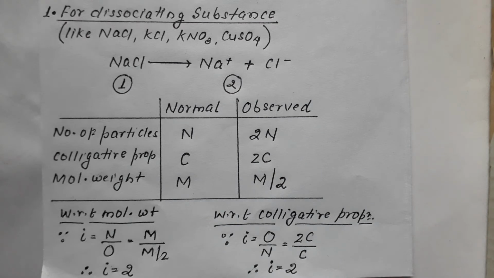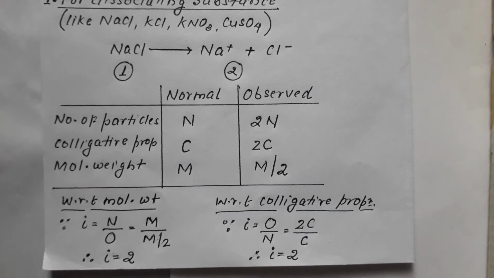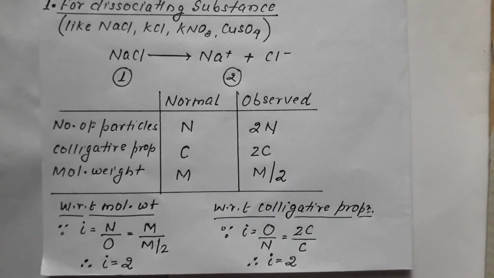Now let us apply this concept to the equation. I said with respect to molecular weight, i is equal to N by O, that is the normal molecular weight upon the observed molecular weight. So what is the normal molecular weight?